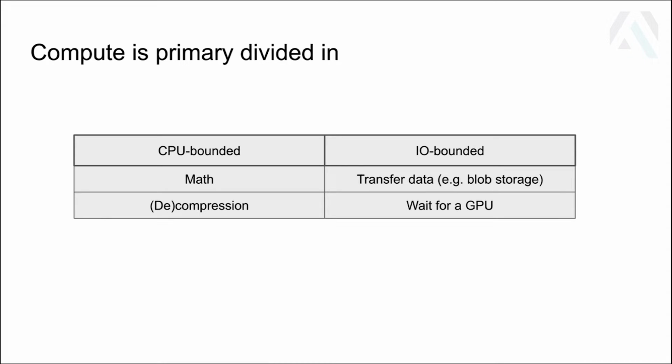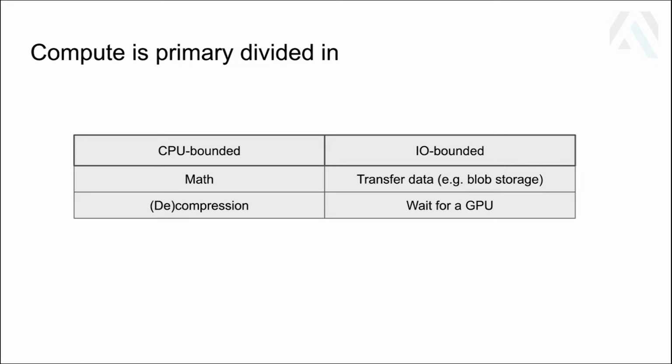And you also have waiting for the GPU. If you have a process performing a transformation on the GPU, you may need to send the data to the GPU. Then the GPU will have to perform the operation, and while the GPU is performing, the thread itself is just sleeping, waiting for the GPU to finish that operation, and then it will continue.